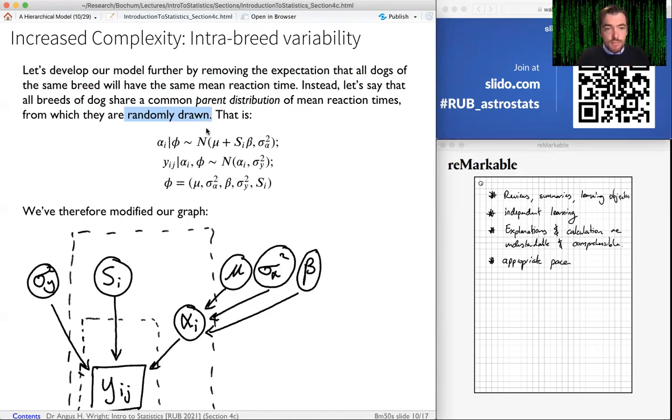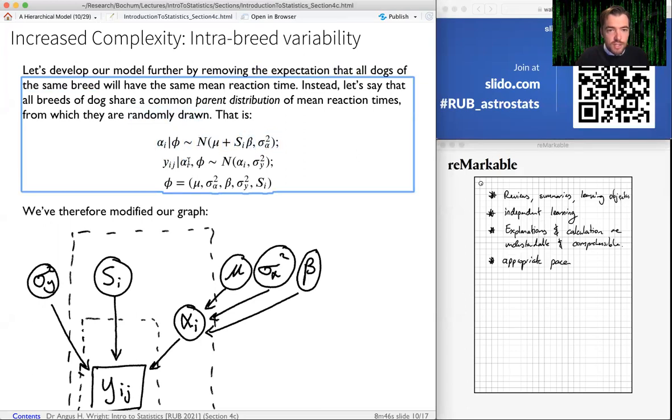So instead of the observations coming directly from mu plus SI beta, we now have this new variable alpha. And alpha is the reaction time of that particular dog.